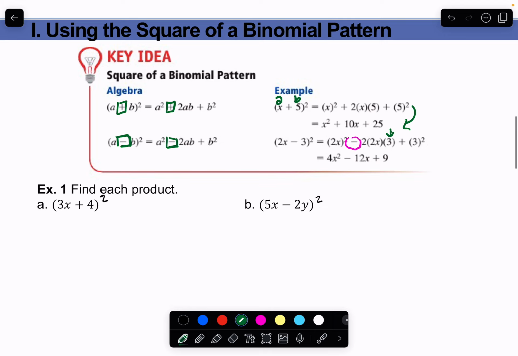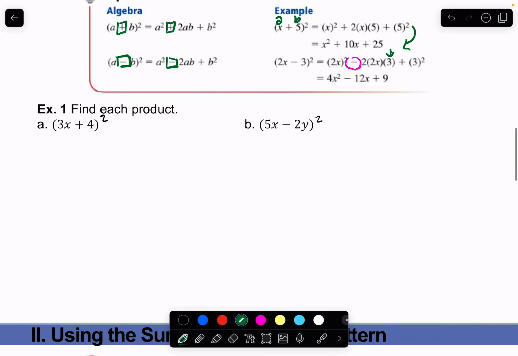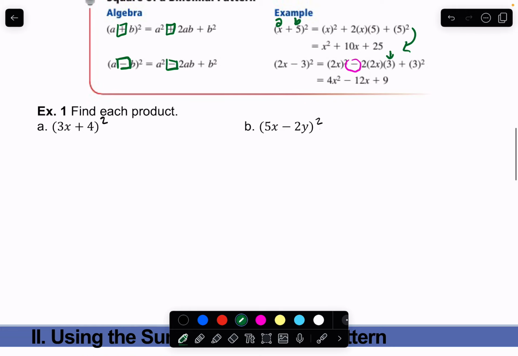So let's do some examples together. Our first one, (3x plus 4) squared. So our pattern is a squared, so here is a, and 4 is b.